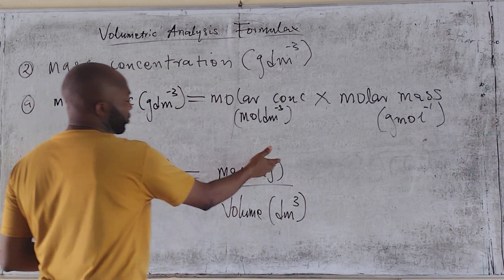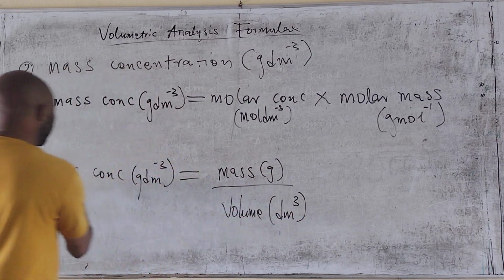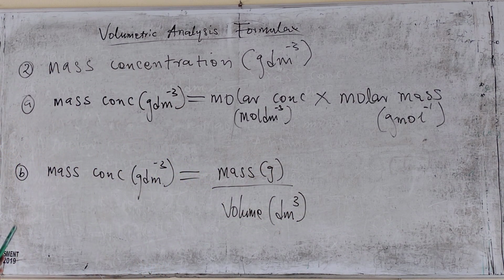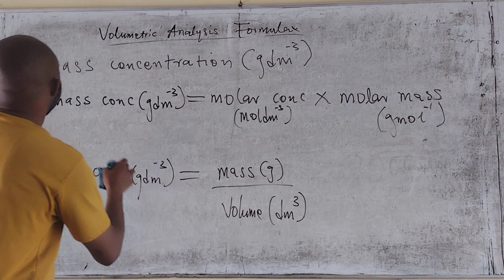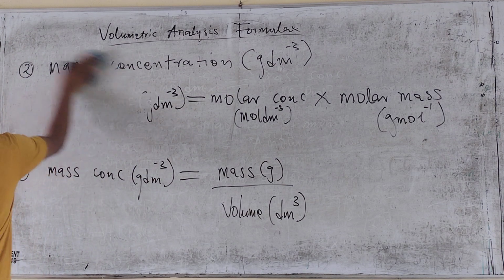If you divide, we have g/dm cube, which is the unit for mass concentration. So that is our second formula for mass concentration. Let's go to amount. The third one, amount.